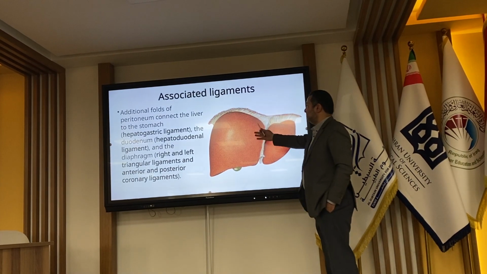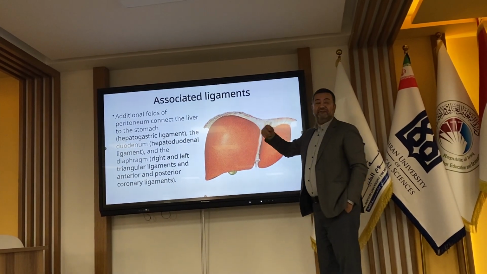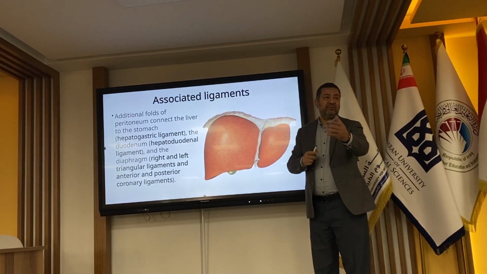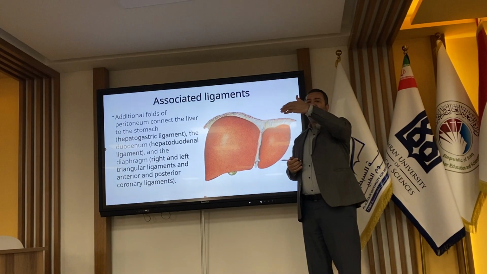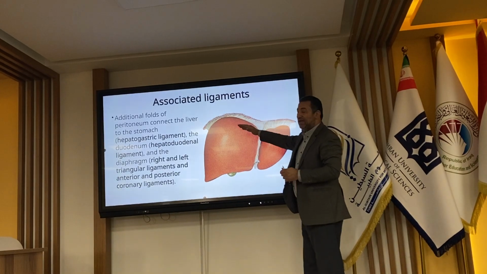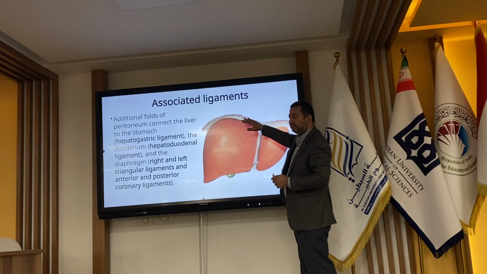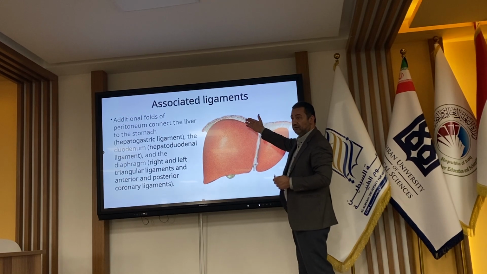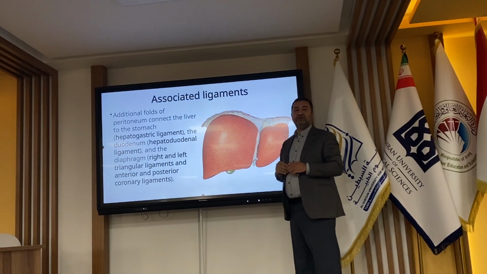You see here, visceral peritoneum, after covering anterior, right, and superior surface of the liver, attached to the inferior surface of the diaphragm and makes reflection to the inferior surface of the diaphragm.